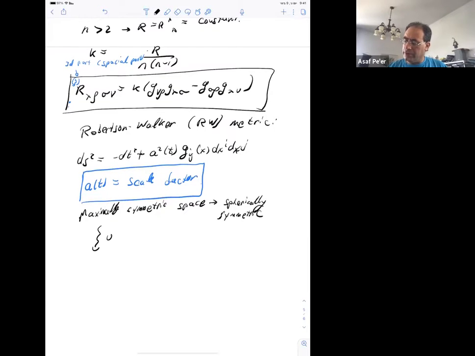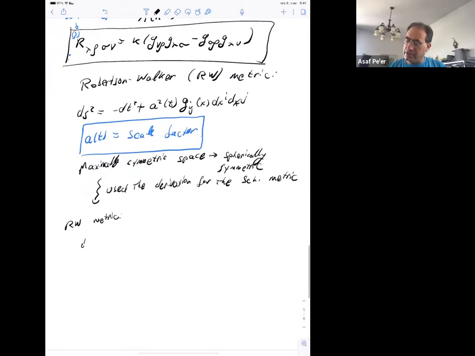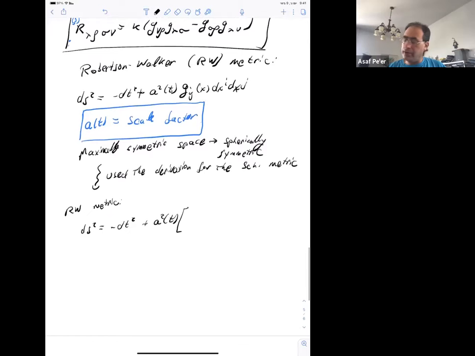So use the derivation for the Schwarzschild metric to write down the Robertson-Walker metric as ds squared is equal to minus dt squared plus a squared of t multiplied by dr squared over 1 minus k r squared plus r squared (d theta squared plus sin squared theta d phi squared).